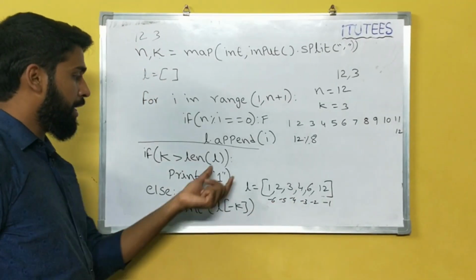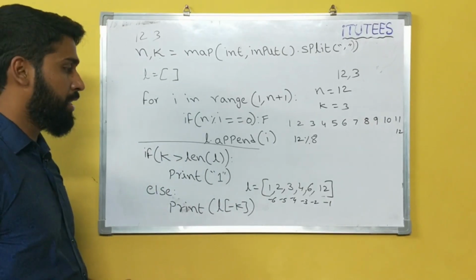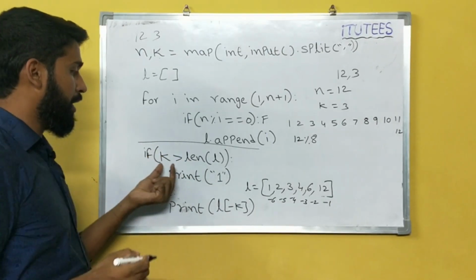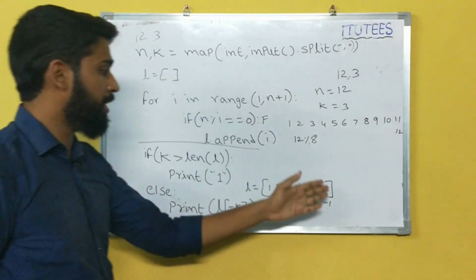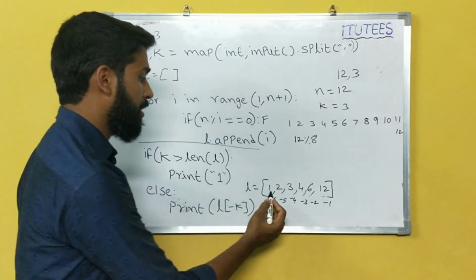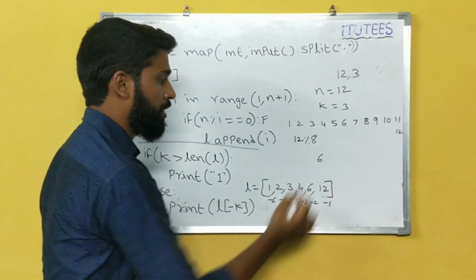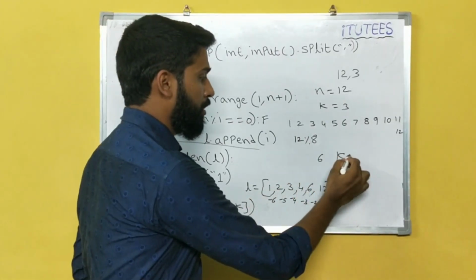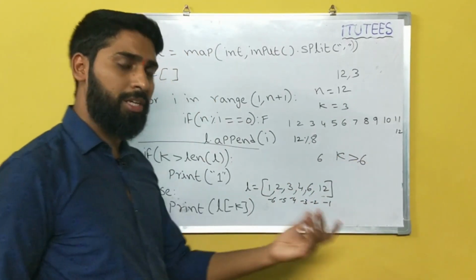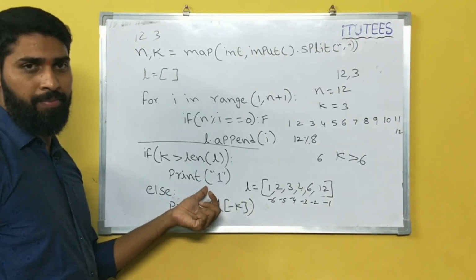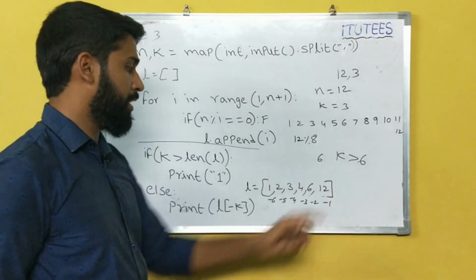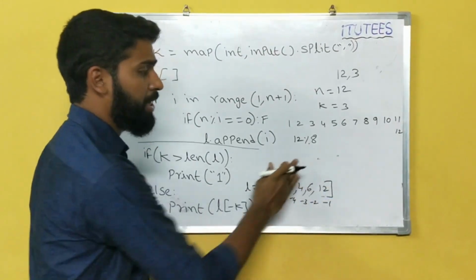So here we have two conditions. One is if the k value is greater than the number of factors. Here there are 1, 2, 3, 4, 5, 6. If I give a k value greater than 6, it prints 1 every time. If it is false, then I print the value in the list.